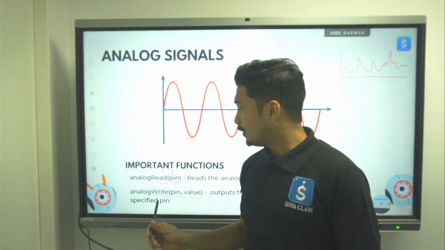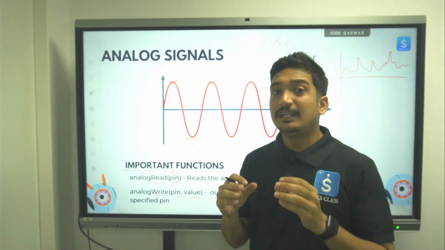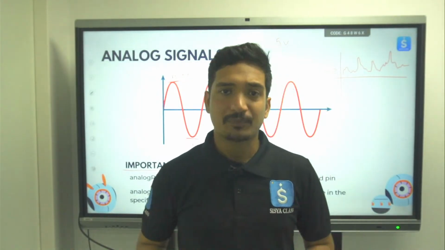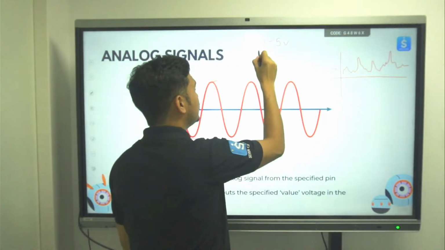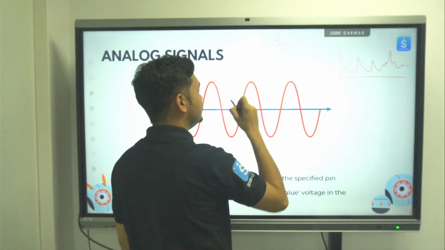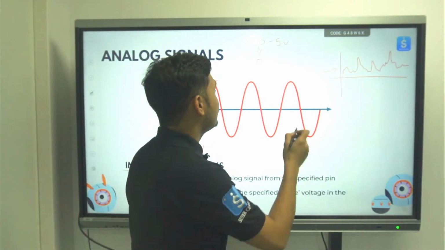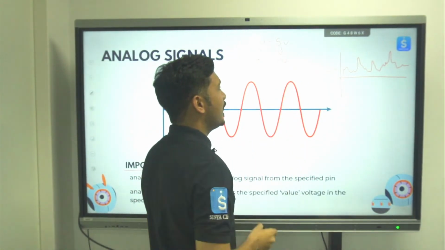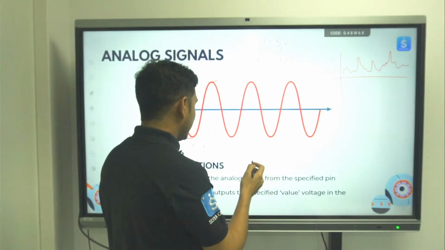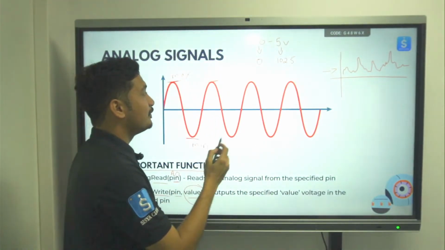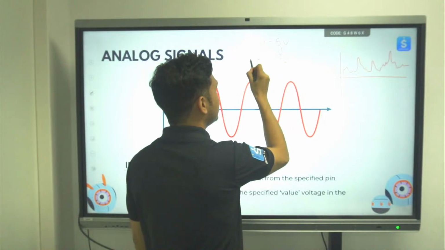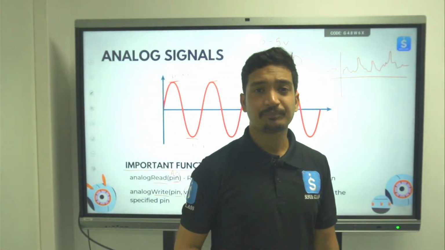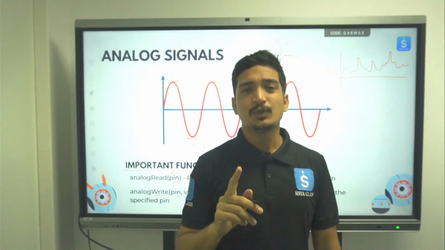We cannot write 0 to 5 in value, but we need to pass this value as a binary-decimal converted number. Which means that 0 can be referred to as 0, which is okay, but 5 volts can be referred to as 1025, which means the value that you can pass is in the range of 0 to 1025.